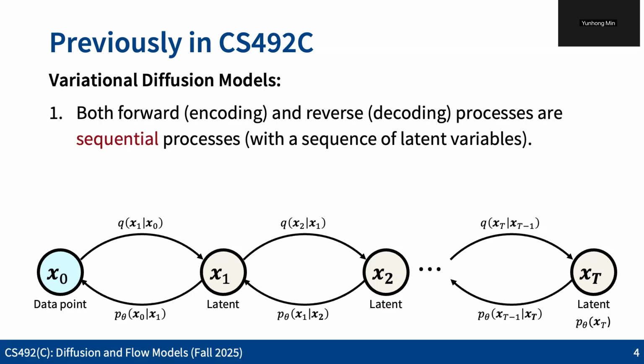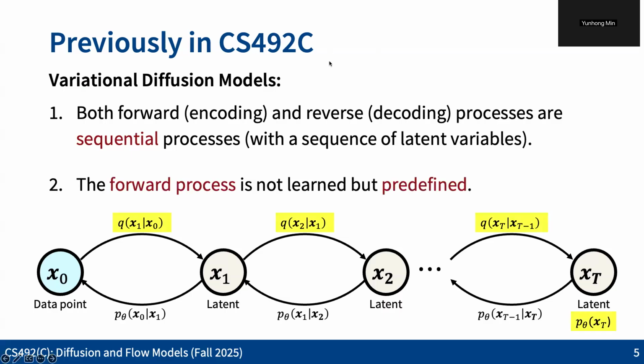The mapping from x0 to x capital T will be called the forward process. This T indicates the time step. The process in which we increase the time step, mapping the data point to x capital T, the final latent variable, is the forward process, and the other way around will be called the reverse process. So that's the basic thing.